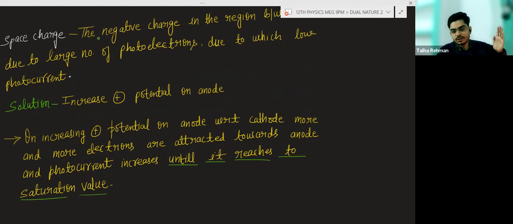Because all the emitted electrons are attracted towards the anode. Now at the cathode there are no more electrons, so no more photocurrent will increase. Photocurrent will become constant. Okay.